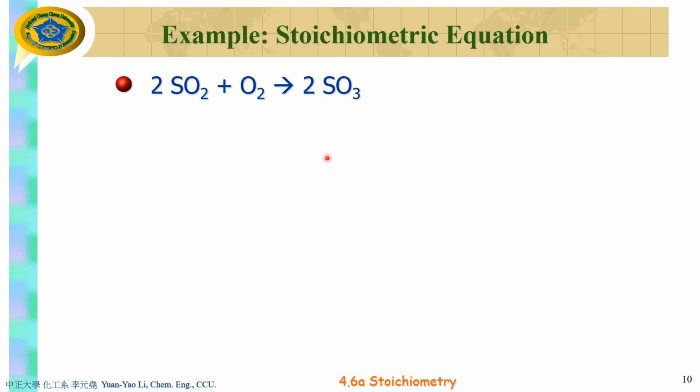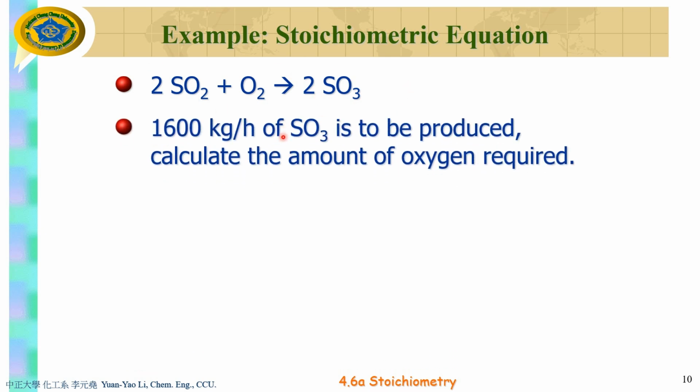Now I give you an example. This is the stoichiometric equation. You have 1,600 kilograms per hour of SO3 to be produced. I want you to calculate the amount of oxygen required.